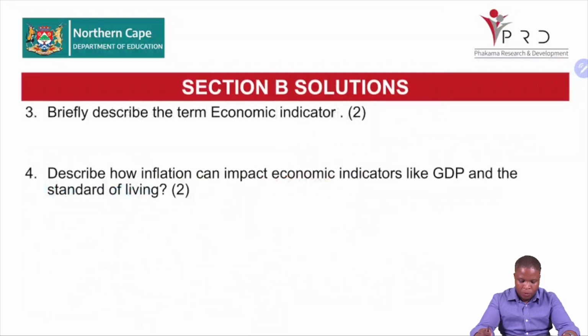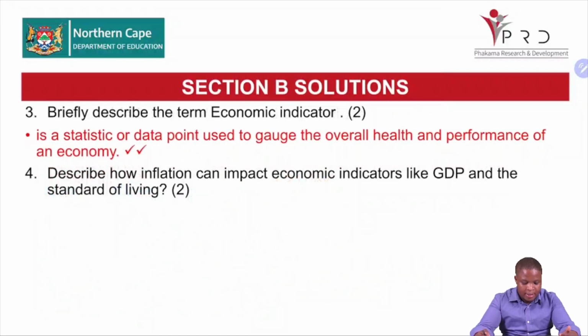Those are a few that you have. So any other one that is part of your syllabus, then it will be correct. Briefly describe the term economic indicator. So we have social indicator, we have economic indicator. The economic is checking the well-being of the country, and the social is checking the well-being of the citizen.